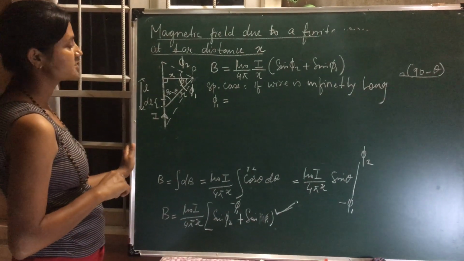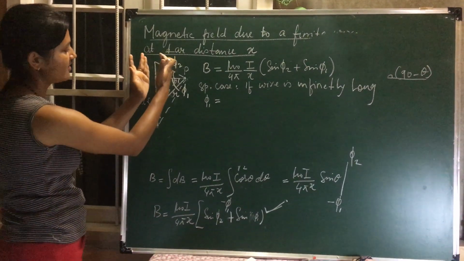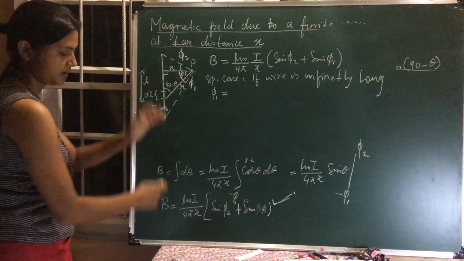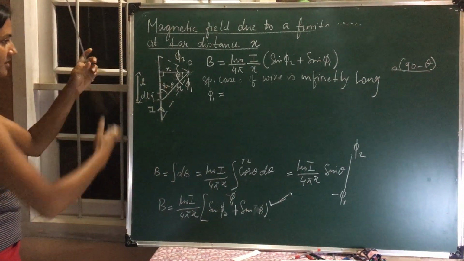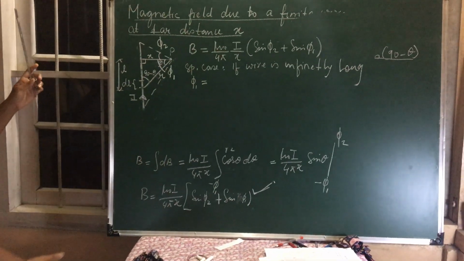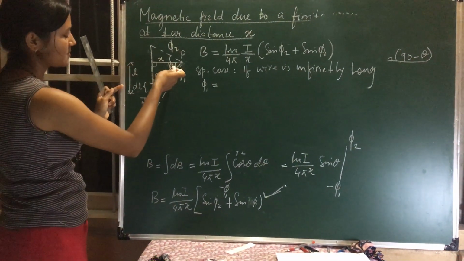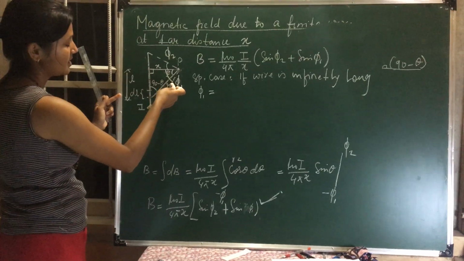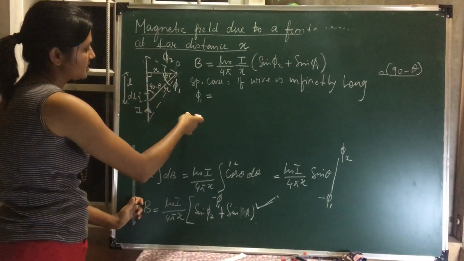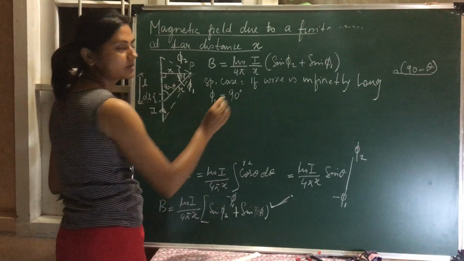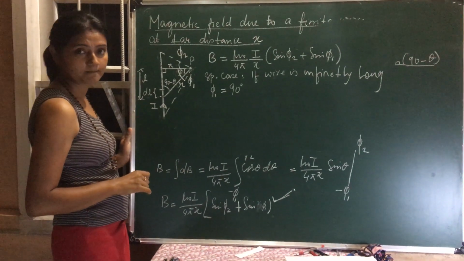If the wire is made very long, then that angle will keep on increasing. Previously the wire was shorter and phi 1 smaller; if it is longer, the maximum will be 90 degrees. Are you following me?